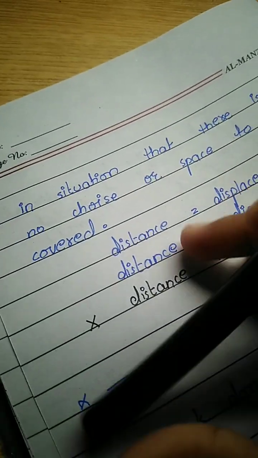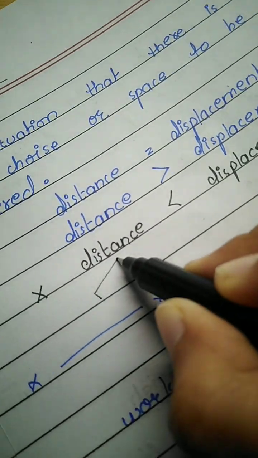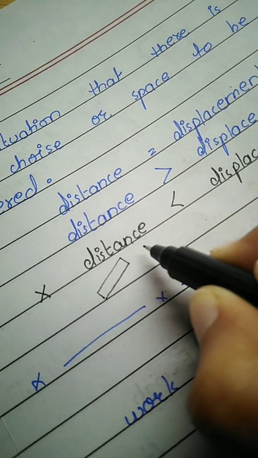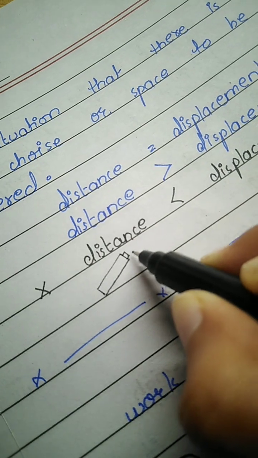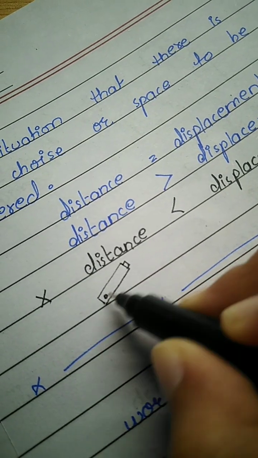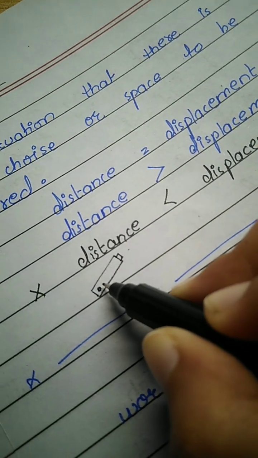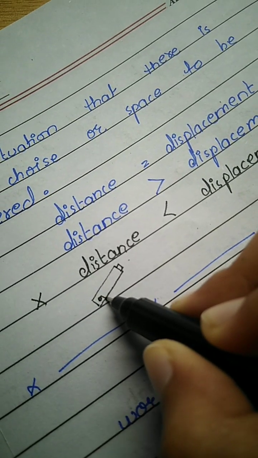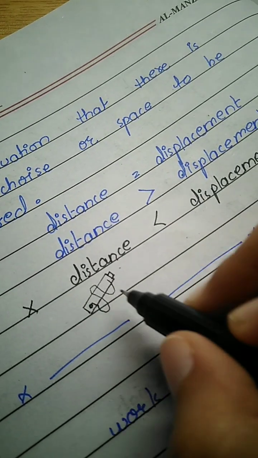Now there is a situation. Just suppose you are standing in a room that has only one door. You are standing here and you have to go out of this room. Will you go like this? No, you can't, because the room is small.